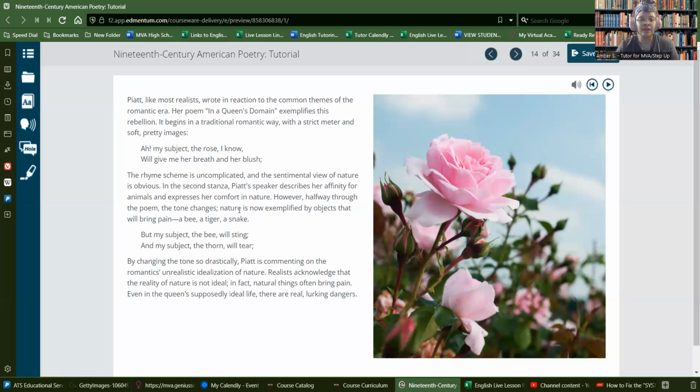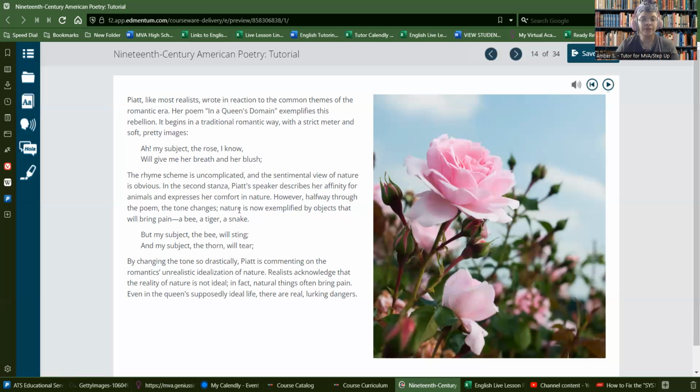Yes, things look nice in nature. It's nice being outside to meditate or whatever. But usually, when you're outside for a prolonged period of time, there's a lot of danger that you have to deal with. She talks about bees stinging and thorns that tear at your clothes if you're stumbling through the brush.